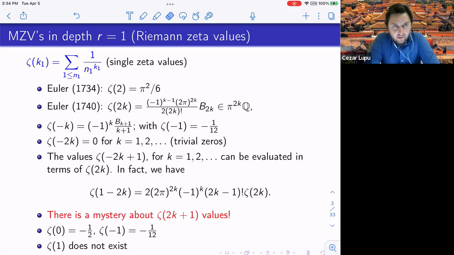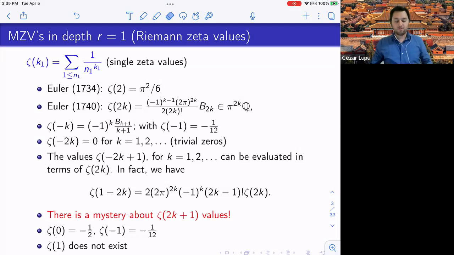And moreover, a bit later, Euler actually generalized and found an exact formula for all even values of the zeta. So this, as you can see, is related to the Bernoulli numbers. This is like pi to the 2k times a rational number. Also, in terms of Bernoulli numbers, you can express the values of the Riemann zeta function at negative integers.